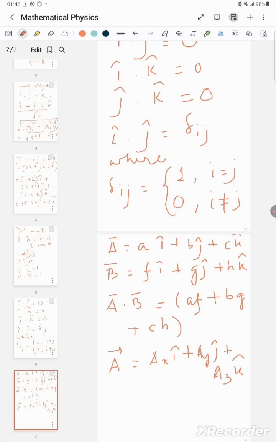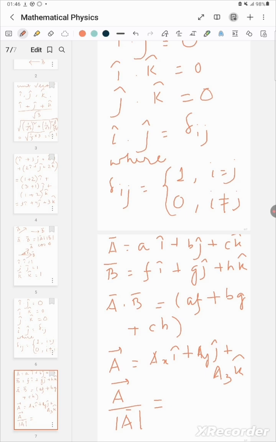So how do we find it? A unit vector is a vector which has a magnitude of 1 and just a direction. So how do we find a vector of magnitude 1 from this vector? Nothing but divide this vector by its own magnitude. Then what we will be left with is nothing but magnitude of 1 and just a direction.